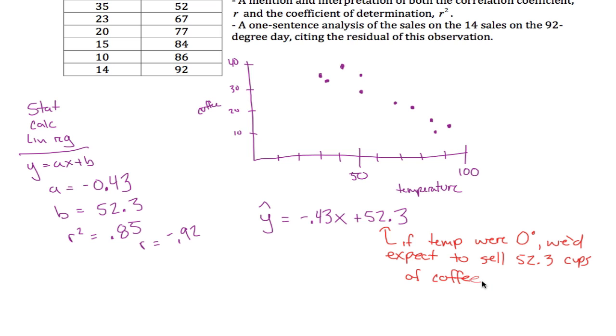And the slope over here is negative 0.43. And so what that tells you is for every 1 degree increase in temperature, we sell 0.43 fewer cups of coffee.